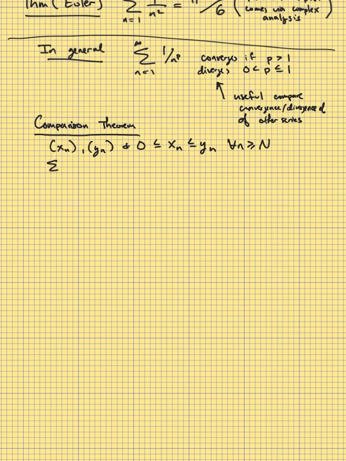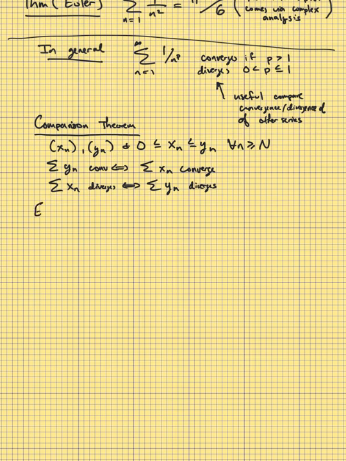Then if the sum of the larger one converges, then the sum of the xn's converges. Right? On the other hand, if the sum of the xn diverges, then the sum of the larger things also diverges. Again, here, since we're assuming the terms are all positive, divergence is equivalent to being unbounded. Okay?